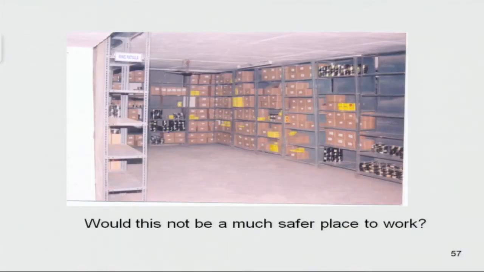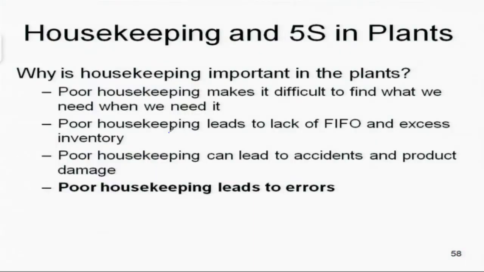Now again, these are just used as examples to illustrate the contrast between what could be and what was. So obviously this is a much safer work environment. The next reason is that poor housekeeping can lead to errors. A lot of times one has seen that, especially where you have two parts that are highly similar to each other, when a person has to pick a part from the store and deliver it to the line, the wrong part has been delivered.